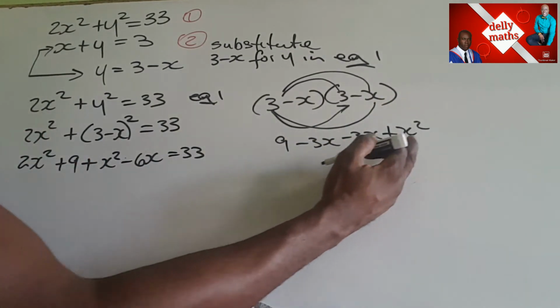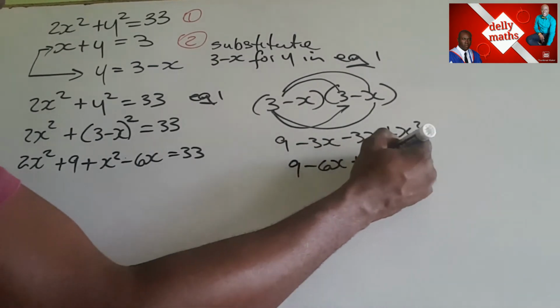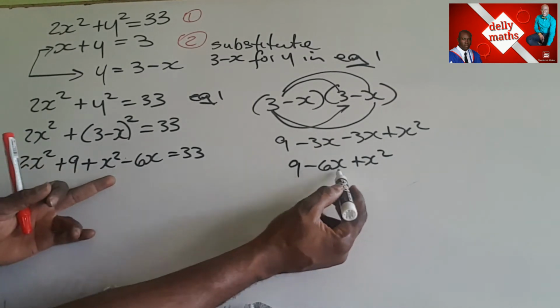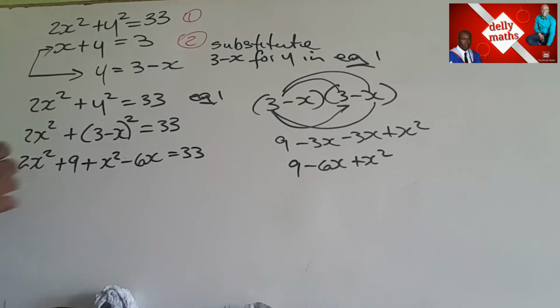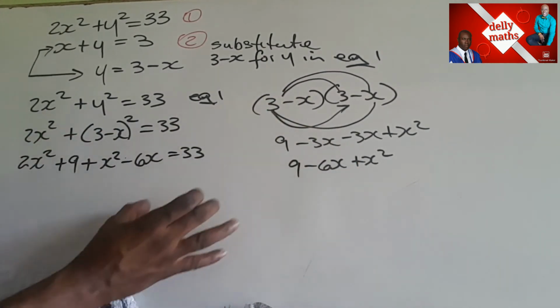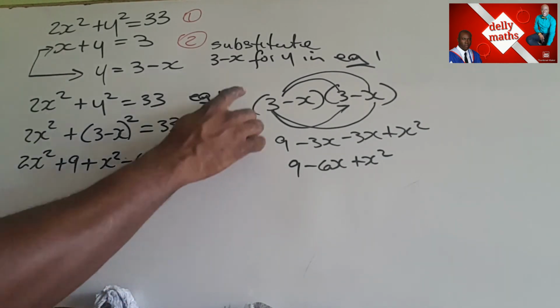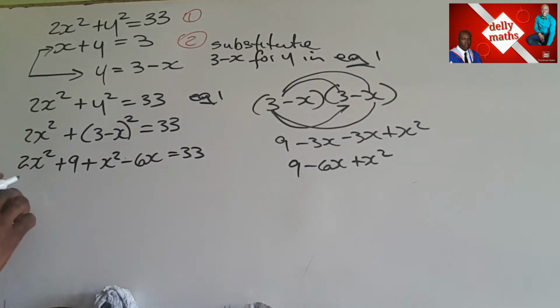And if I simplify this, look, we're getting the 9, the minus 6x and the positive x squared. So if you don't know how to do the squaring of a binomial, you could still set it up the normal way to get the response and move on. Now that I have the response, let us go further.